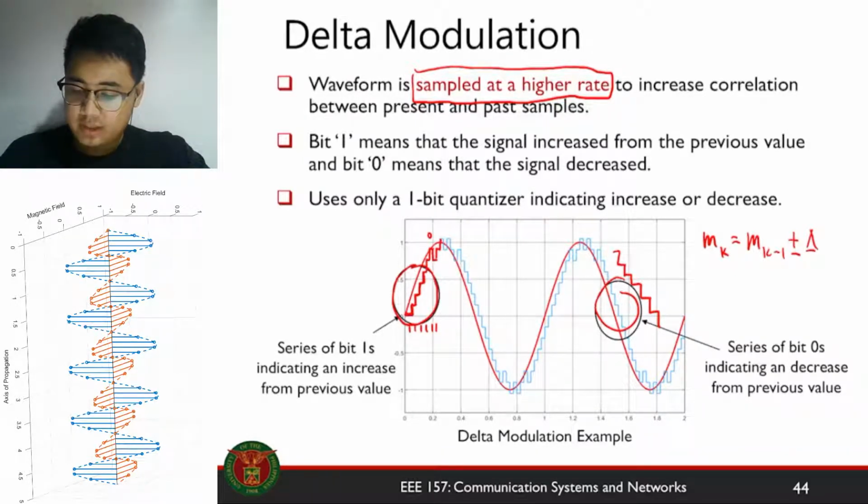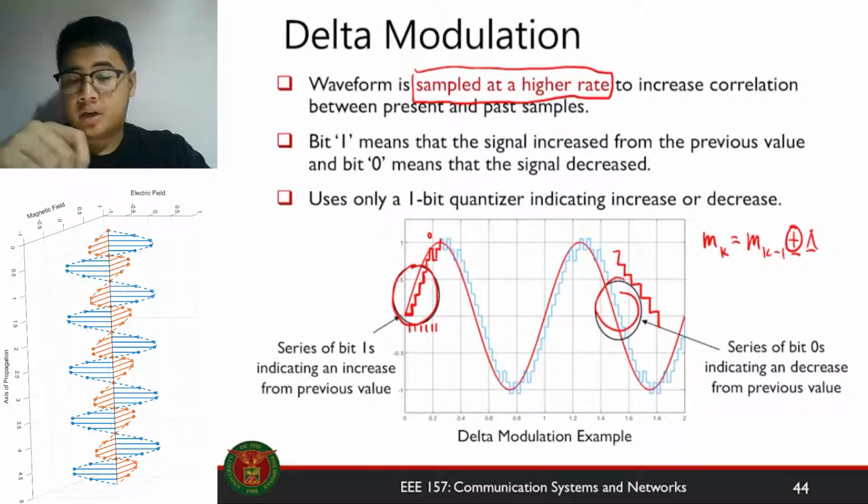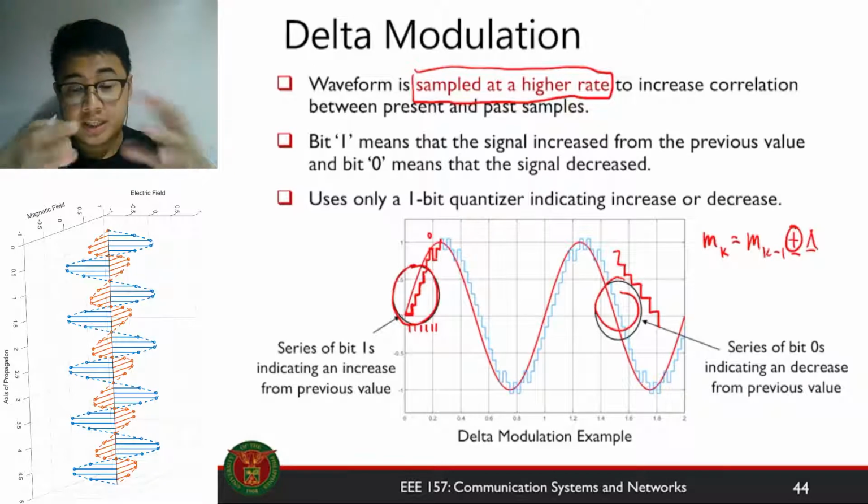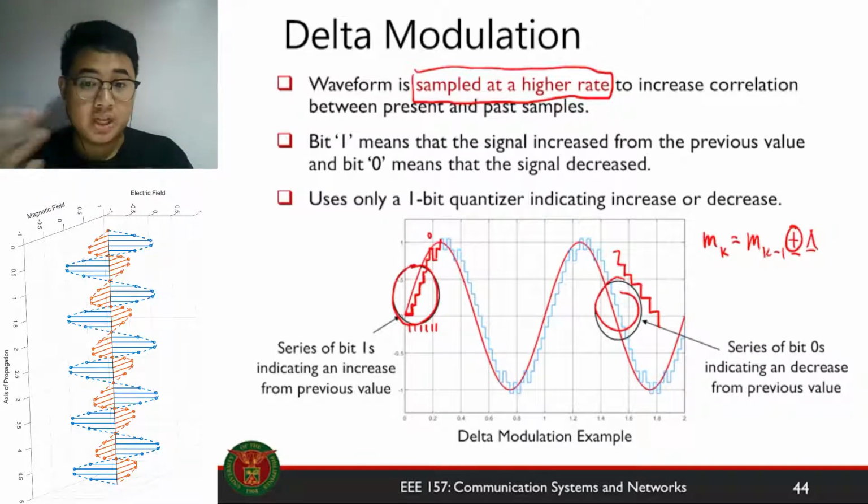If your bit is 1, then you add that delta to your previous sample. If your bit is 0, then you subtract that delta from your current sample. So that's how you approximate your signal using delta modulation.